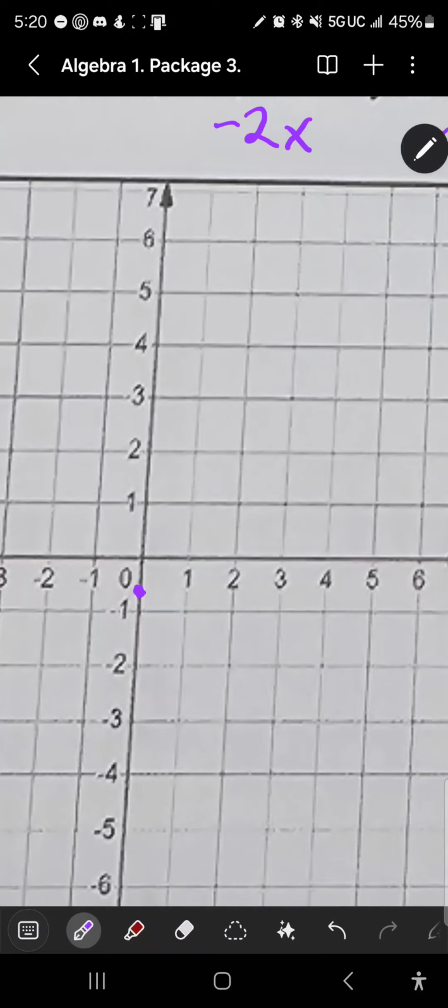But I sincerely don't know how to explain it. I'm just kind of doing it by logic. But what I would do is just do this.